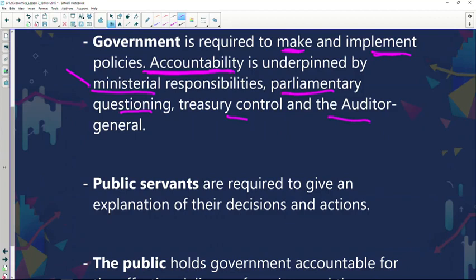And then we've got the public servants, which are required to give an explanation of their decisions and actions. I know that a lot of people get very frustrated when they talk about public servants, people in the public office. But those people have a responsibility to give an explanation of their decisions and actions.